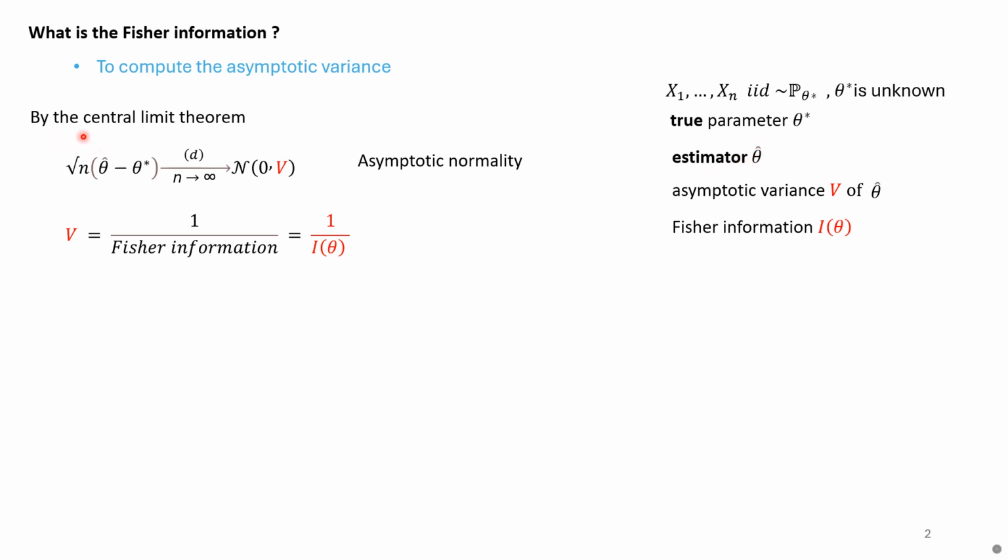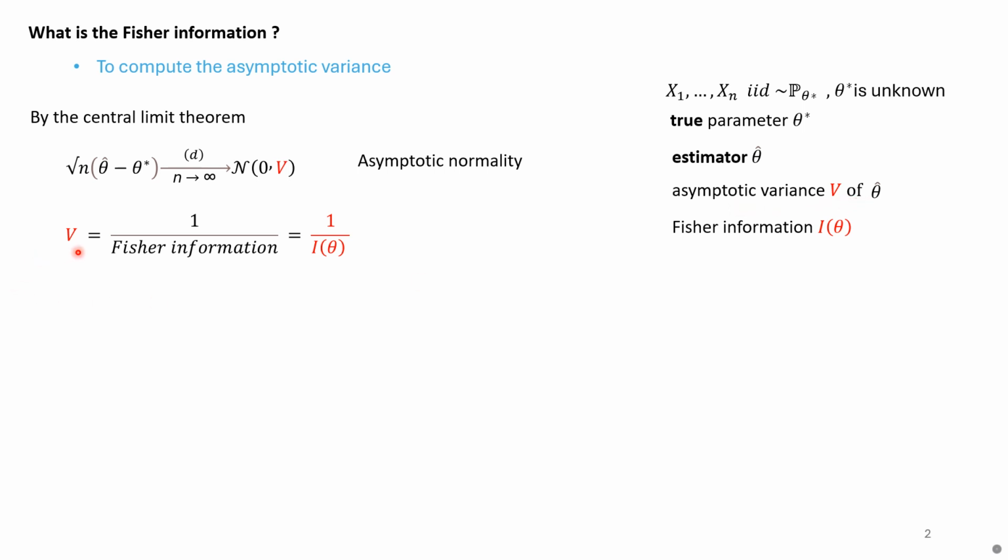By the central limit theorem, we know when n approaches infinity, square root of n times theta hat minus theta star in distribution converges to a normal distribution with mean 0 and variance v. This v is known as the asymptotic variance v of theta hat.